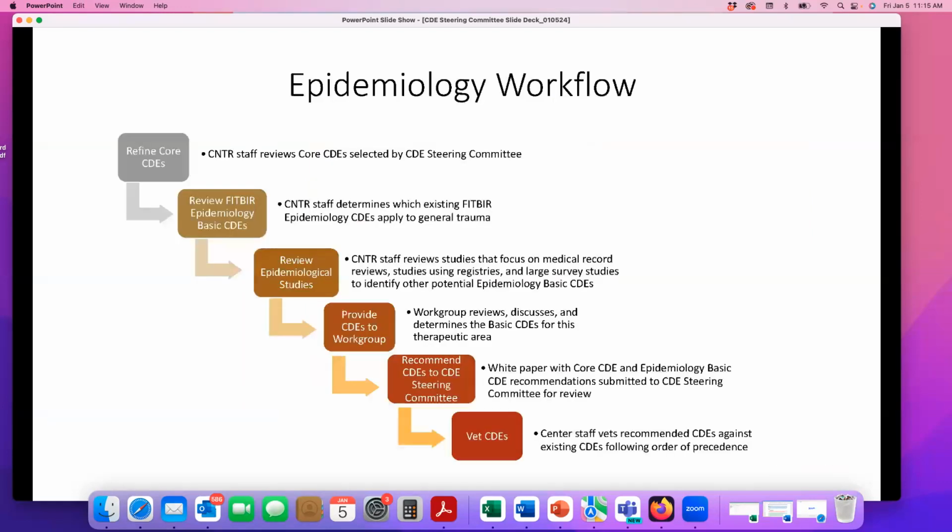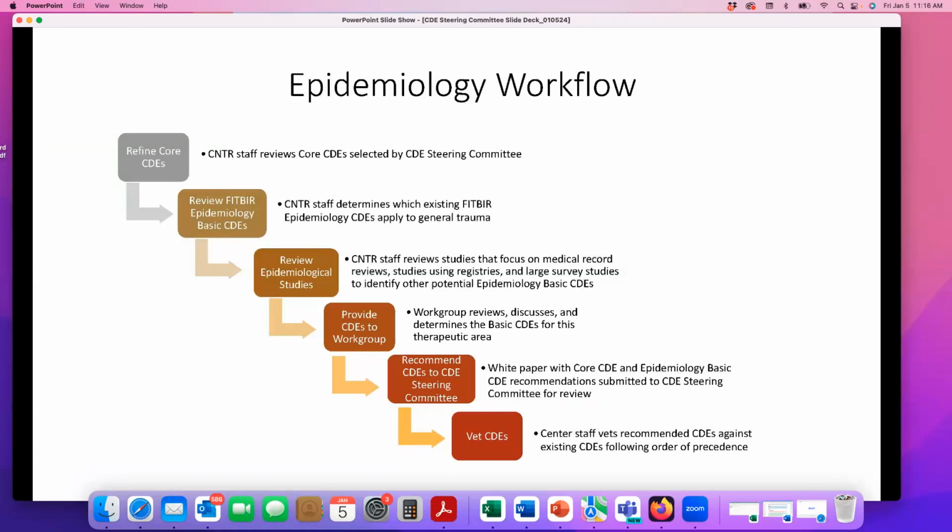This is a workflow that we anticipate using. There's probably still going to be a couple edits to this. I don't think that Olga's had a chance to look at it yet. But essentially, the center staff would review the core CDE selected by the CDE steering committee.